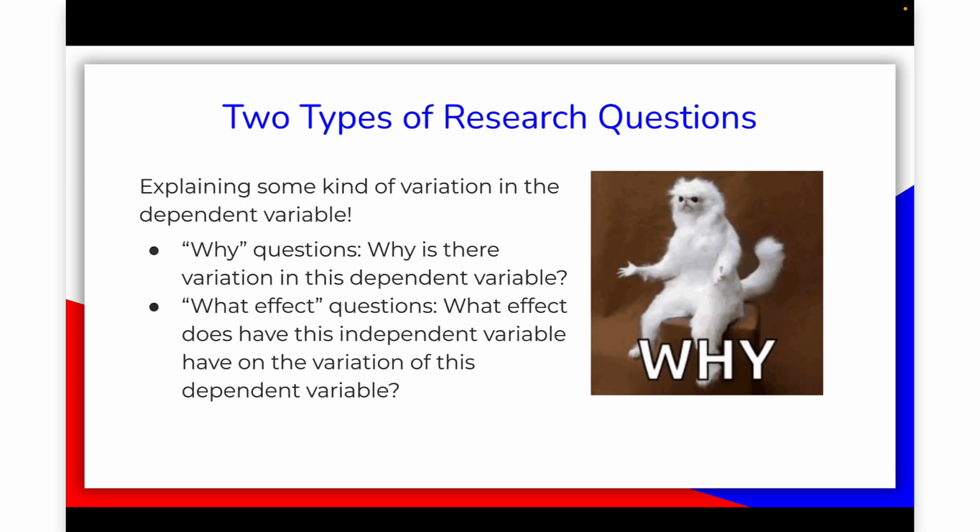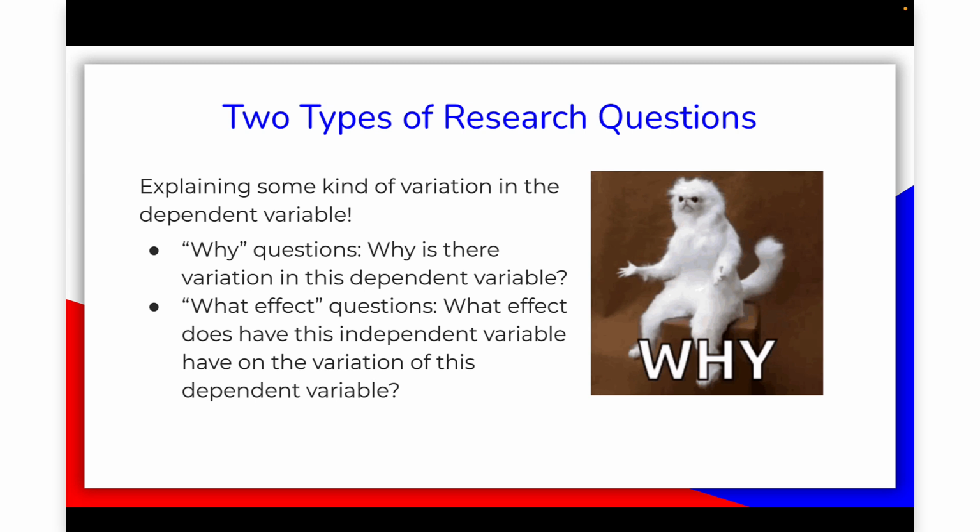Now, as I mentioned in the introduction, there are really two types of research questions that I will accept, okay? So the ultimate idea, though, is that they explain some kind of variation in the dependent variable. Now, the first kind of question is a why question. So why is there variation in this dependent variable?